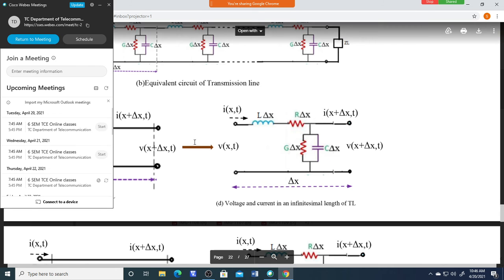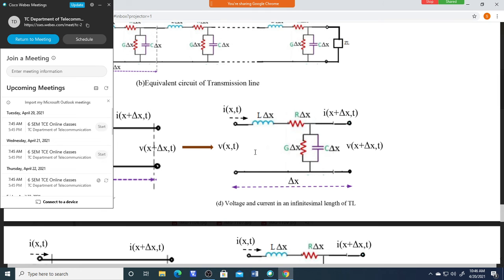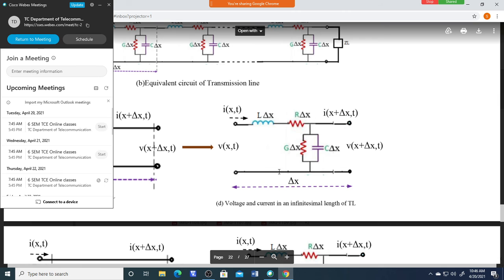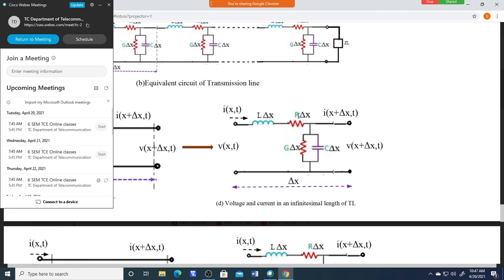Whatever the voltage here, this part is represented by this network. Whatever I have written here is the same as this, but for the analysis we should know these things. We are sending V of x comma t, and it passes through this. It is a network now.